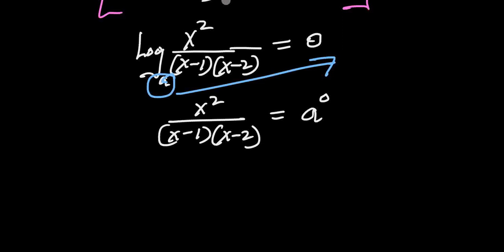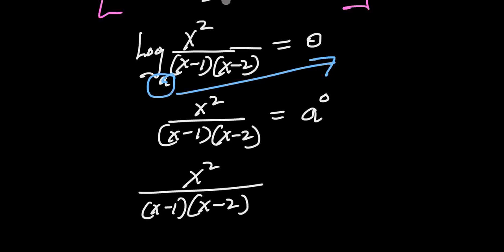So any number to the power of 0 is 1, so we can simply write this as x squared over x minus 1 times x minus 2 equals 1.